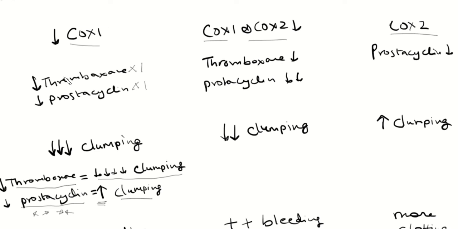So if I inhibit thromboxane 1 time by inhibiting Cox-1, it's going to decrease the clumping 1, 2, 3, 4, right? And if I inhibit prostacyclin, that's going to increase the clumping by 1. So what does that mean? 4 down, 1 up. That means net there's 3 down of clumping. So the platelets are not going to clump, to a factor of 3.